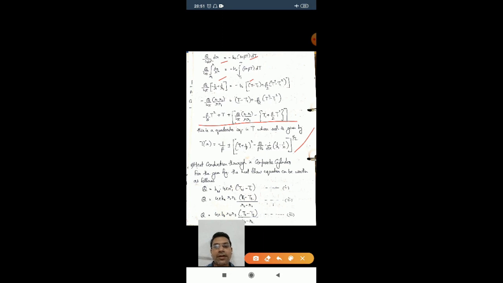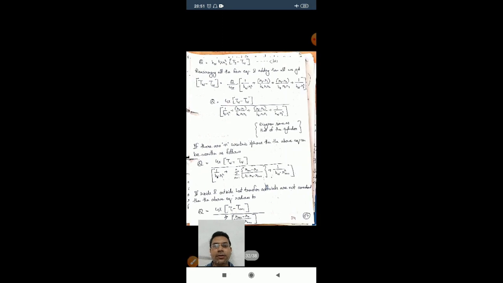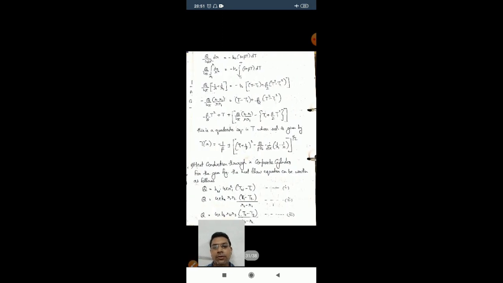Now the second case is heat conduction through a composite sphere. The corresponding diagram for the composite sphere is shown in the figure. Sorry, the figure is not provided, but it will be similar to the cylindrical one.